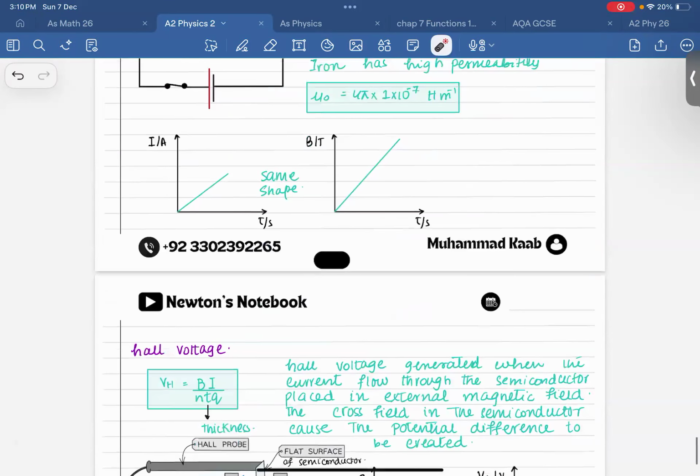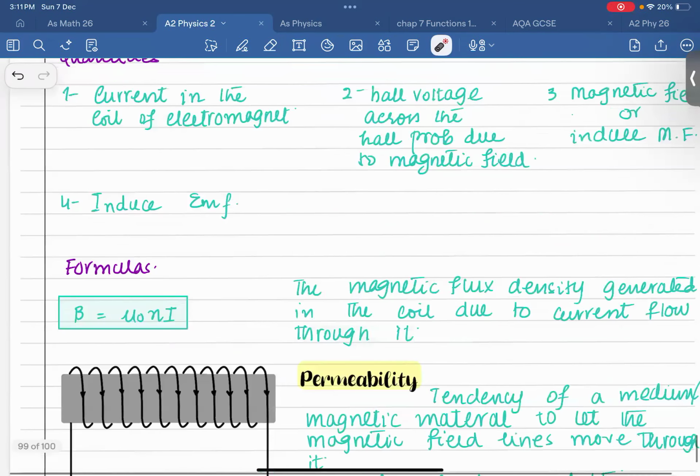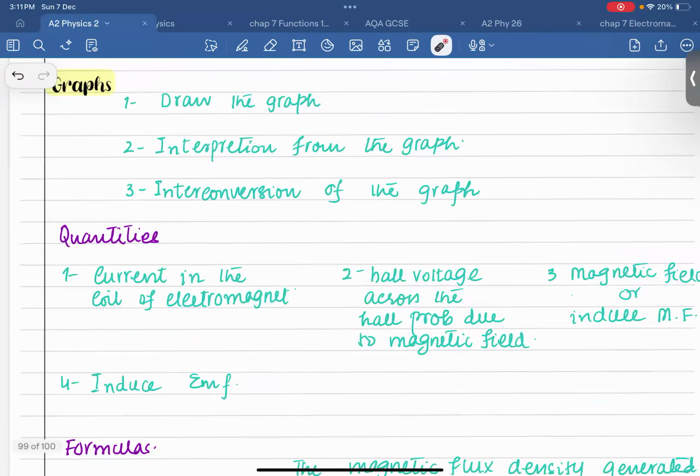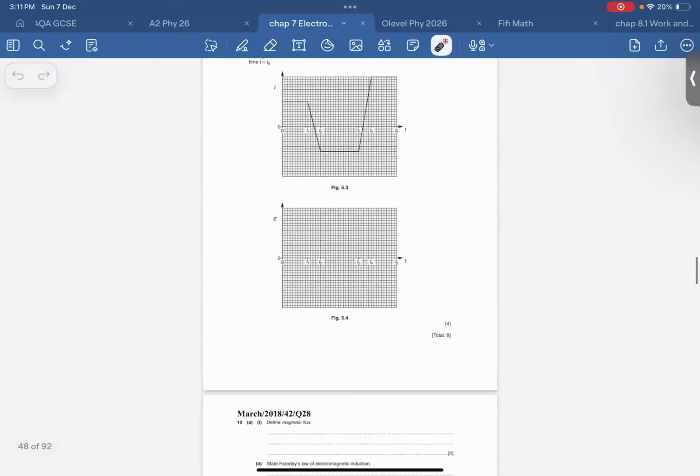Now let's try to do some of the questions regarding the graph and the calculation. Okay, let me take you to electromagnetism. Yep, right here.